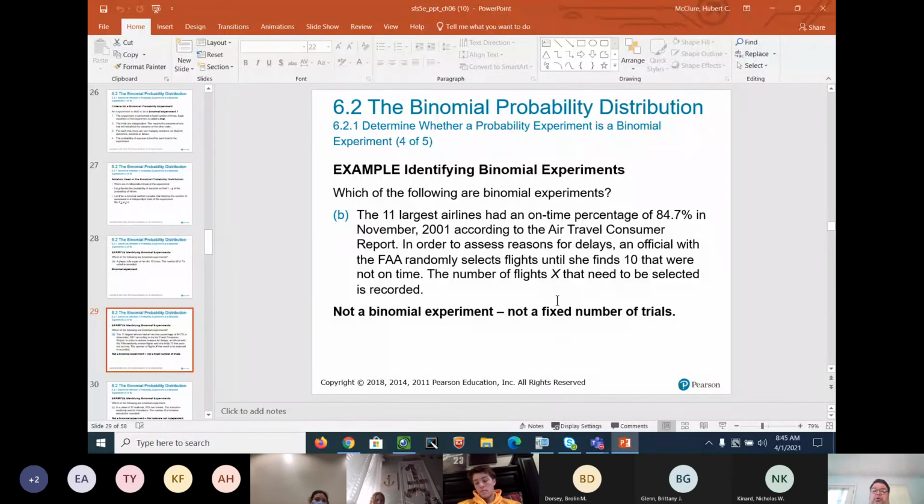Why isn't it a fixed number? Go ahead and read it and write it down. You don't have to write it word for word. Give you about 30 seconds to write that down.